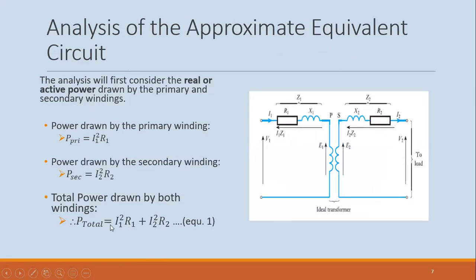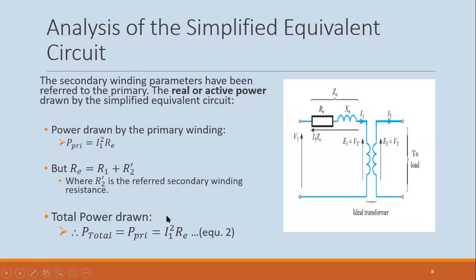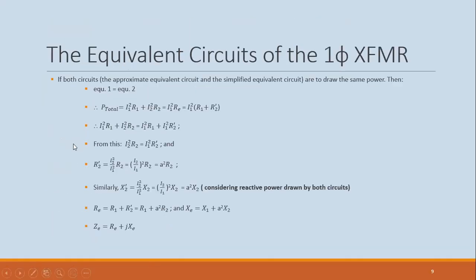So these two equations are equal. Therefore, I1 square R1 plus I2 square R2 is equal to I1 square RE. And then if we expand out RE, it will be equal to R1 plus R2 prime. And then you multiply all of that by I1 square.